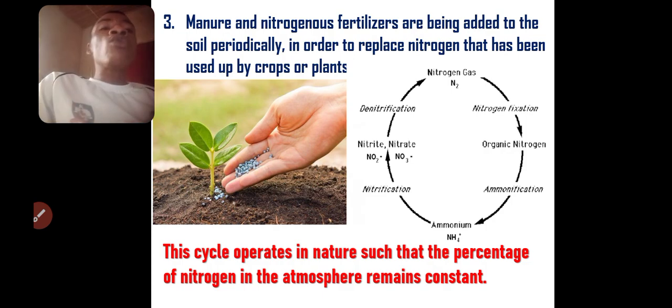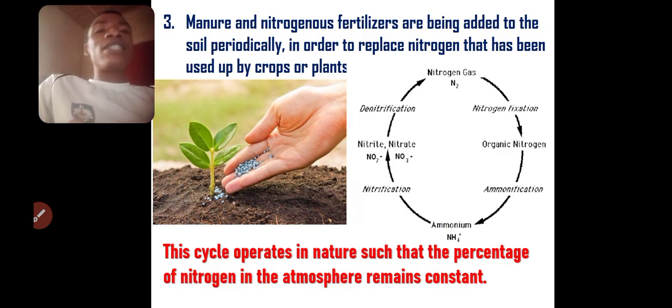So this cycle operates in nature such that the amount of nitrogen in the atmosphere remains constant at every point in time. So as the nitrogen in the atmosphere is being converted to nitrate salt, the one in the soil also can be replaced back by those denitrifying bacteria. So this is the nitrogen cycle.